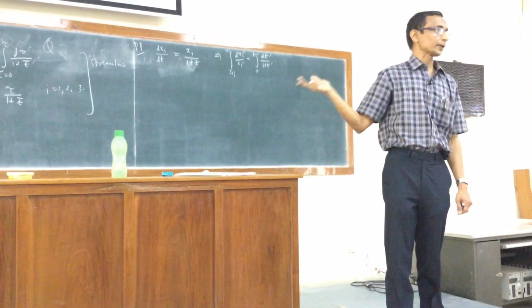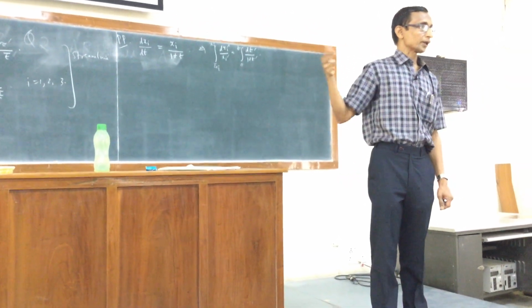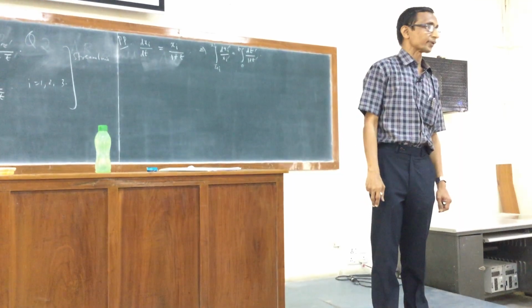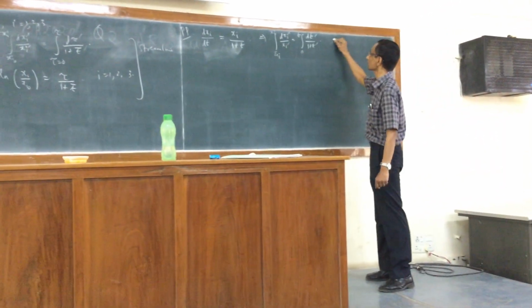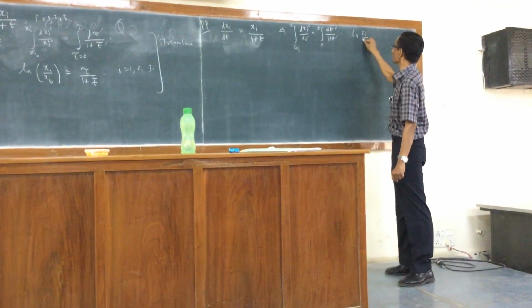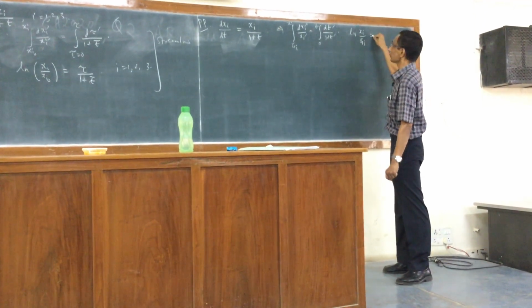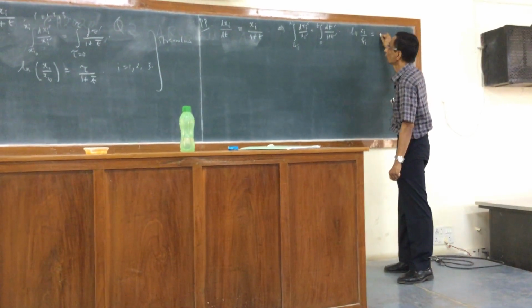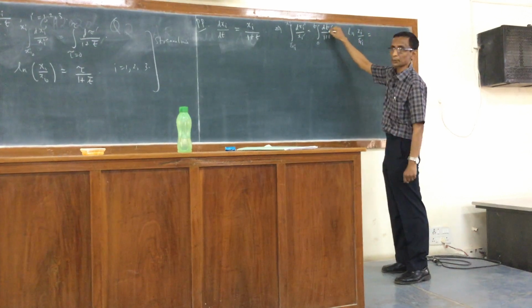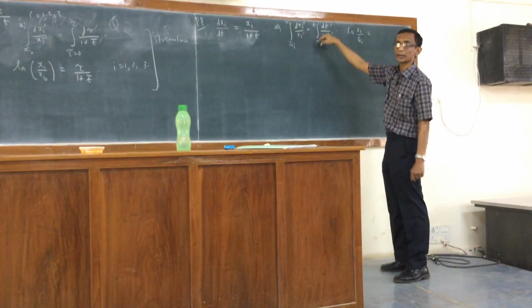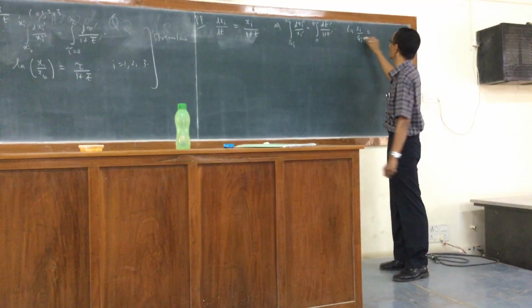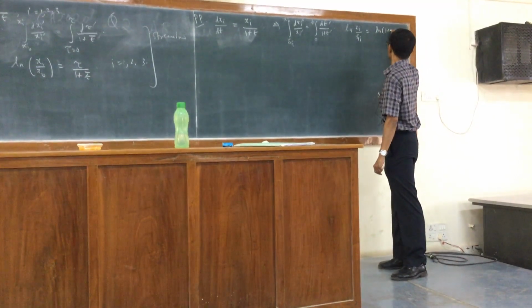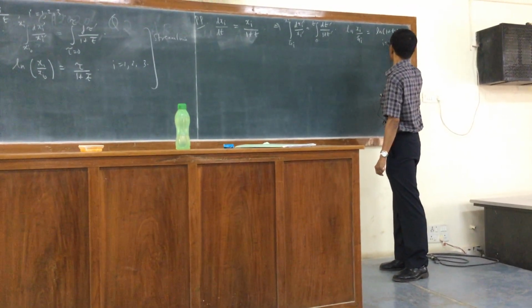Or you can integrate it out and use the initial condition to calculate the integration constant. I'm just doing it directly. So clearly now this is log xi by psi i is equal to log of 1 plus t, and at t equal to 0 it is going to be log of 1, because it is log of 1 plus t, again for i equal to 1, 2, 3.